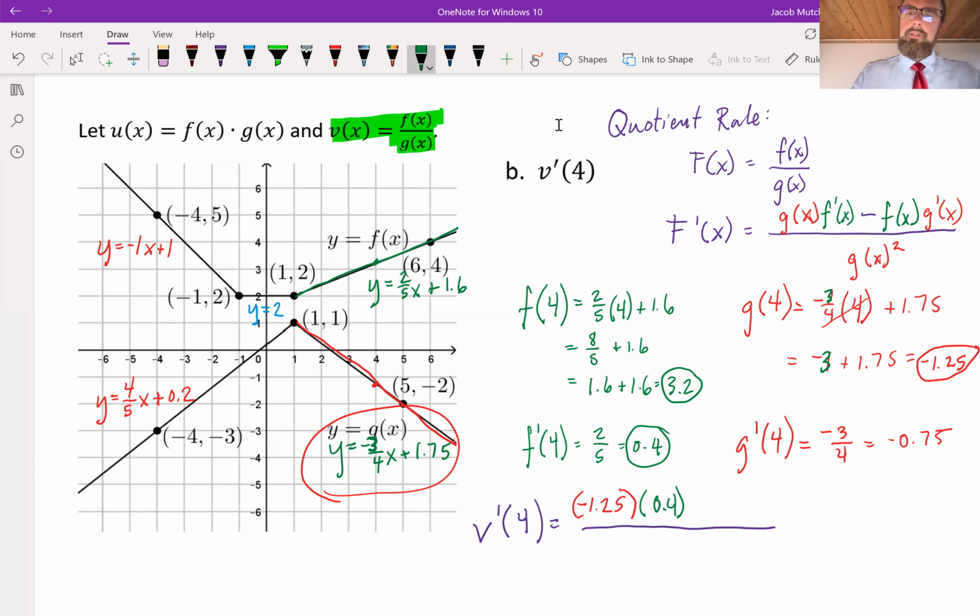Caught it. Minus the original f of x, there's my 3.2, times the derivative of g, negative 0.75. And that's all over g, which is negative 1.25 squared. So that's set up.